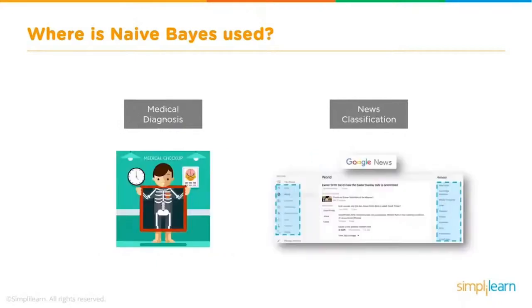Medical recognition, news prediction. It's also used in medical diagnosis. We might diagnose somebody as either high risk or not high risk for cancer or heart disease or other ailments. And news classification. When you look at Google News and it says, is this political or is this world news? A lot of that's done with naive Bayes.